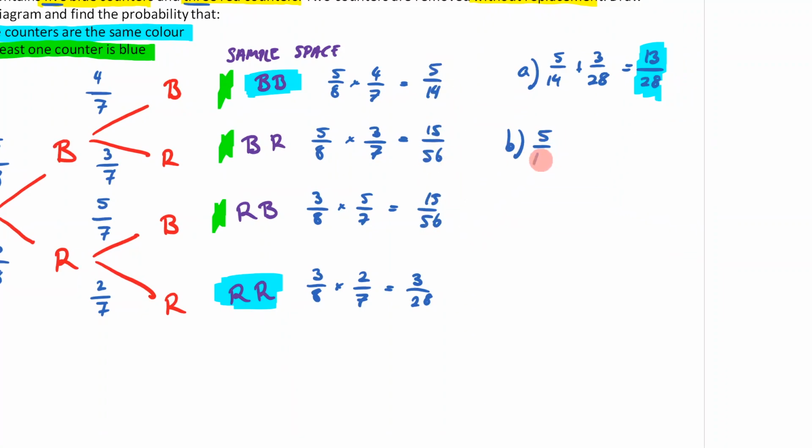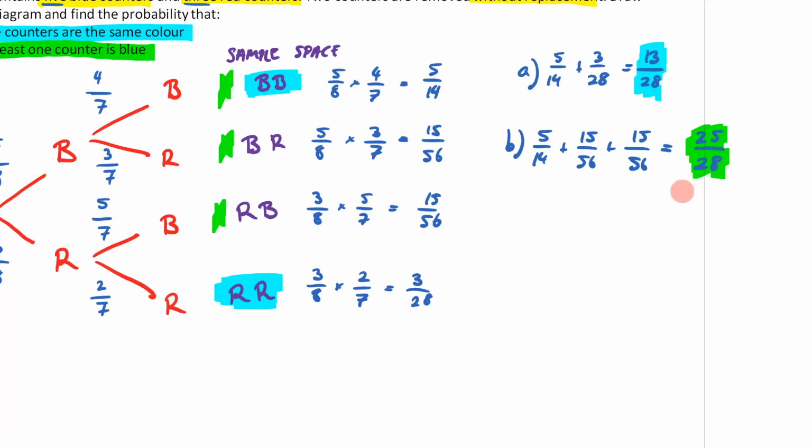So 5 on 14 plus 15 on 56 plus 15 on 56. And when I add all of these together, what I'm going to get as my answer is 25 on 28. Perfect.